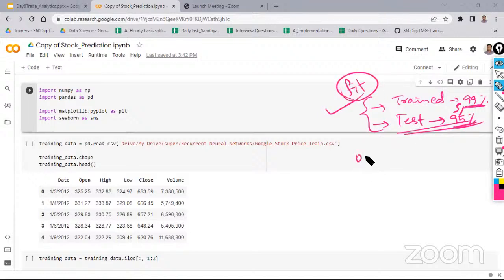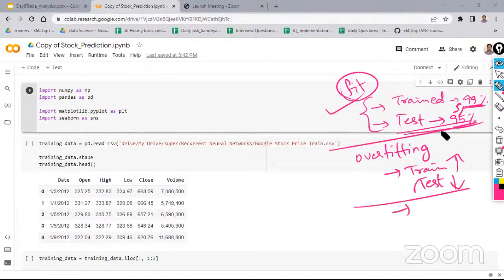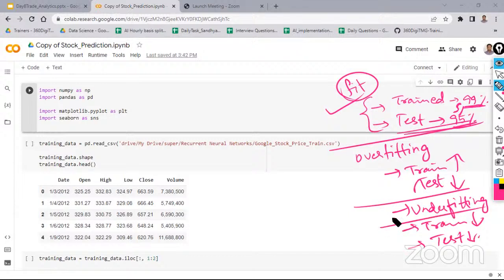So you also have the overfitting concept. When is that overfitting concept? When train accuracy is high and, I'm so sorry, test accuracy is low. And now we also have the underfitting concept. When the train accuracy is very low and the test accuracy is also very low.